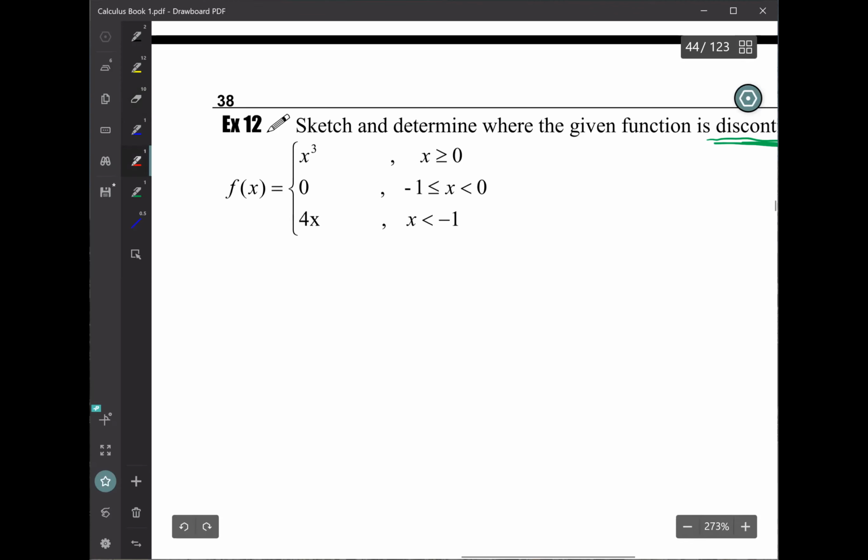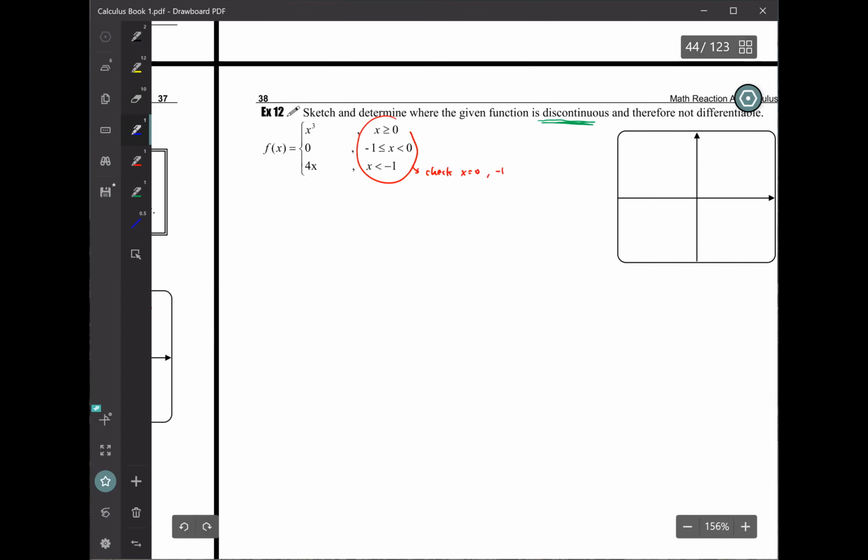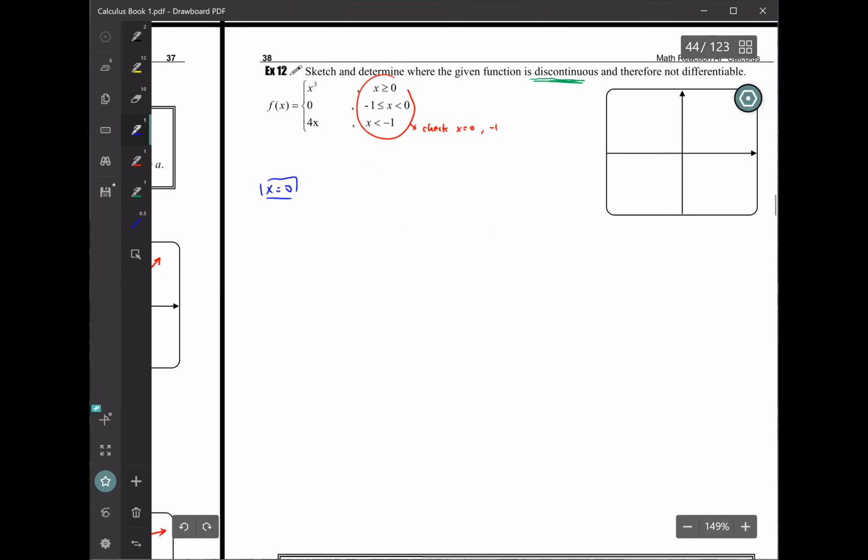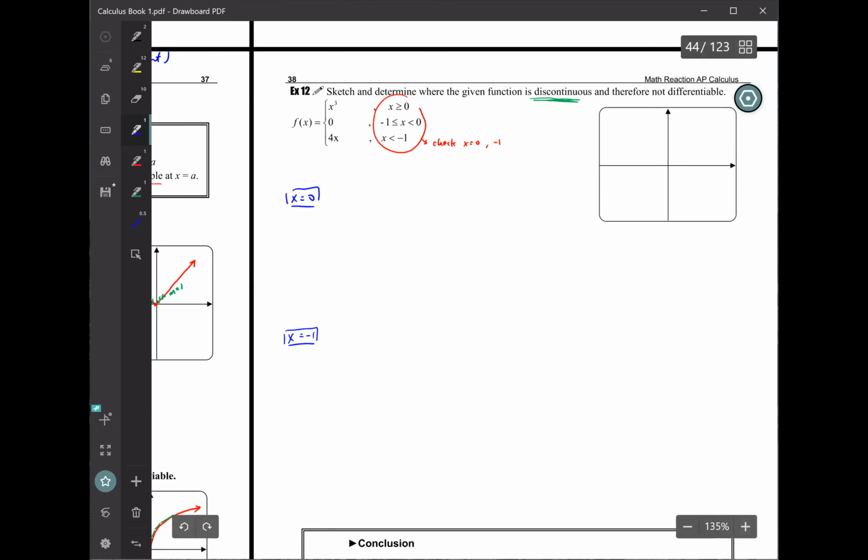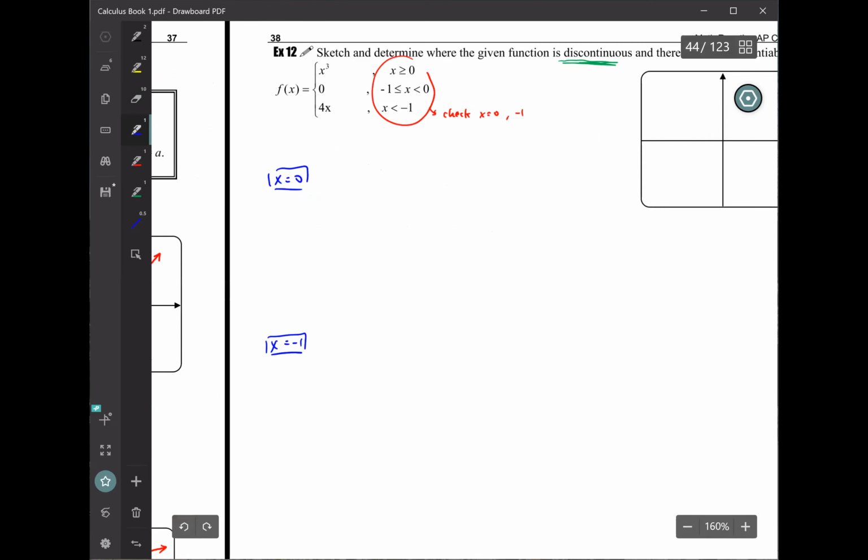It tells you that we need to check x equal to 0 and x equal to -1, to see if they are continuous or not. Once you finish checking those two, please raise your hand.